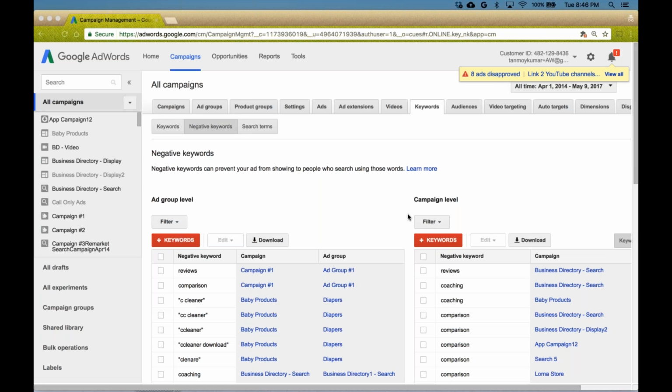We mostly don't have special characters like colon, semicolon, comma, periods, which we don't apply on keywords. Space is fine. Whatever the way people search on Google, that is the way we are going to put our keywords. People do put spaces in between their words, which you can put.